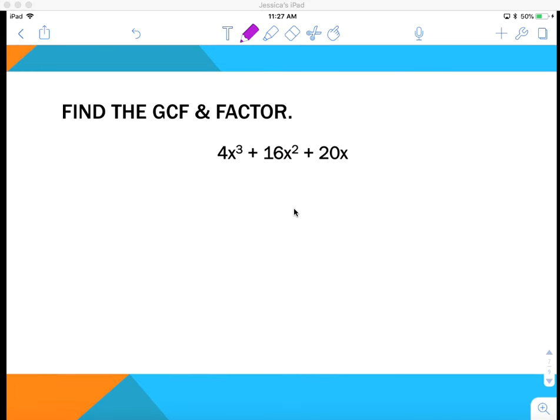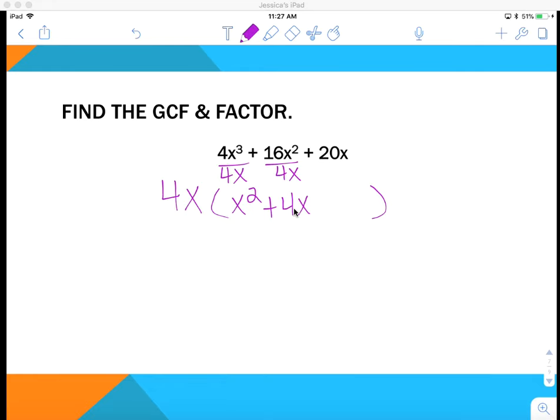This one is the exact same, except now I have 3 terms. All 3 of these numbers can be divided by 4, so I'm going to take 4 out. And then the greatest number of x's I can take is x, because this last term only has 1. When I take that out, 4x cubed divided by 4x is x squared. 16x squared divided by 4x is 4x.